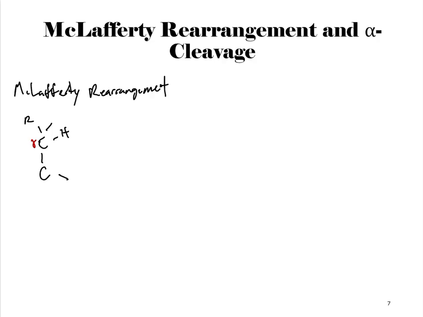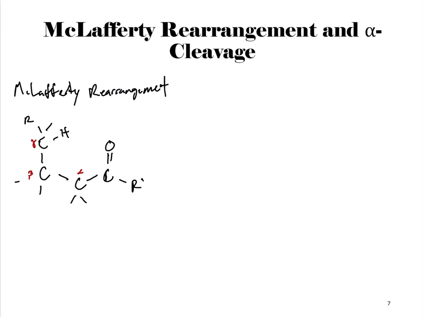It's our beta carbon, our alpha carbon, and then our carbonyl carbon. I've drawn it this way just because it's easier to show the rearrangement in this case. So this is our beta carbon and this is our alpha carbon, our carbonyl carbon, and these can be hydrogens or other groups over here.